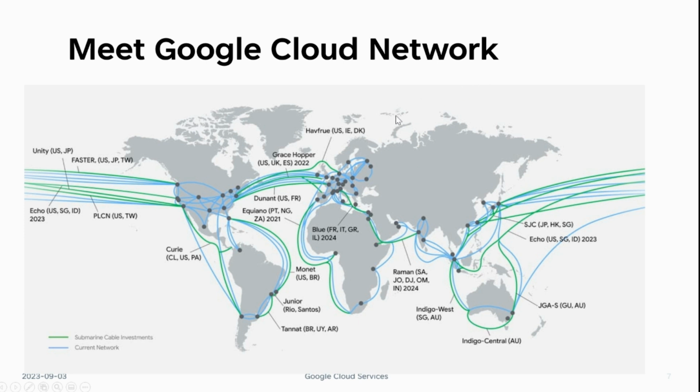So this is the Google Cloud Network, and if I say that Google Cloud Network is probably the best network in the world, then I am not wrong, because Google has heavily invested in their network, right?